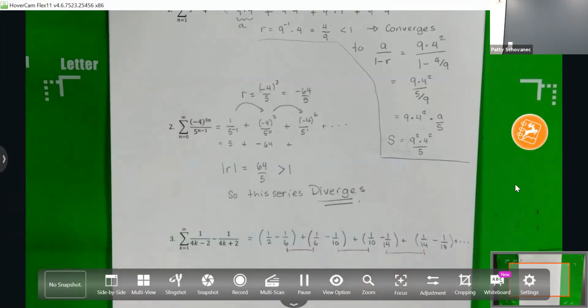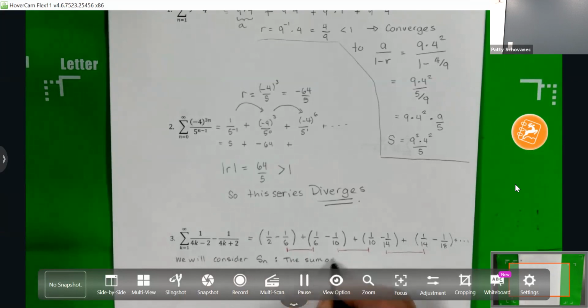So what I'm going to do to investigate whether or not this converges is to look at the sequence of partial sums. Our sequence of partial sums will converge if it has a limit. And we have a theorem that said if the sequence of partial sums converges, then so does the series. So we will consider Sn. That's the sum of the first n terms.